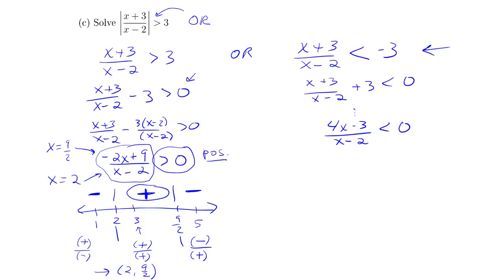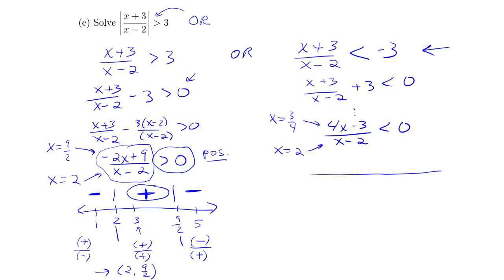Now, that means my numerator will be 0 when x is 3/4, and my denominator will be 0 when x is 2. So I go ahead and chart.